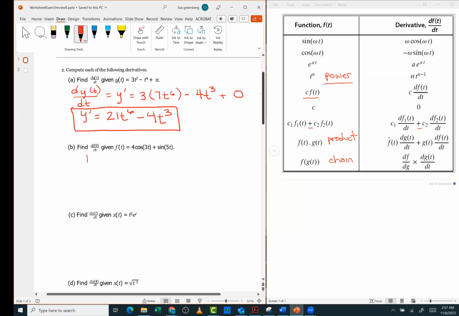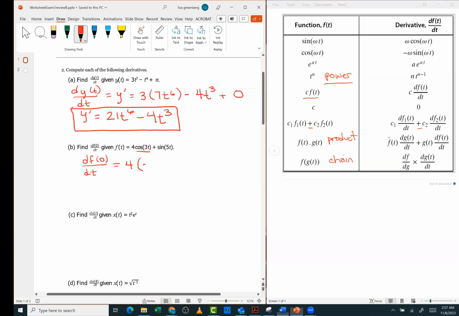Now we want to find the derivative of f of t with respect to t. Again, we want to take the derivative of these functions. I have a constant times the derivative of the function. I look over at my cosine. It's negative times whatever that omega is next to the t. I pull out front. It's negative sine of omega t.